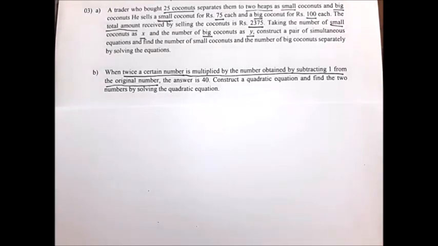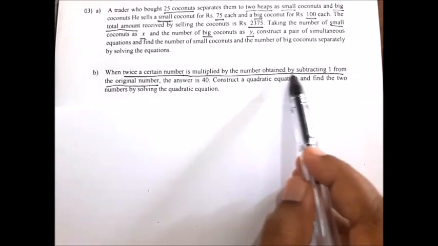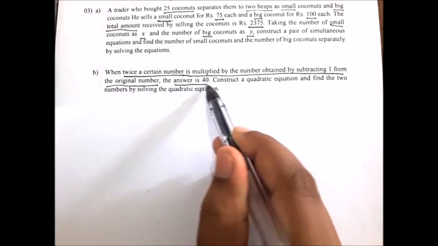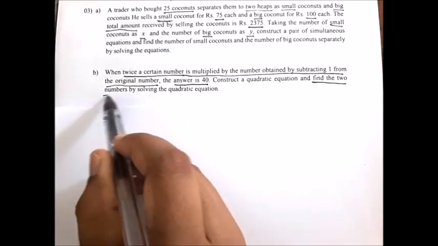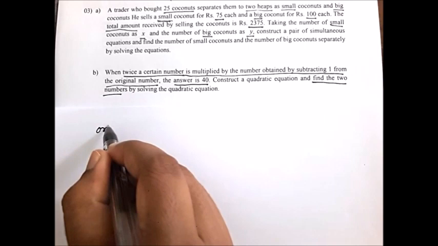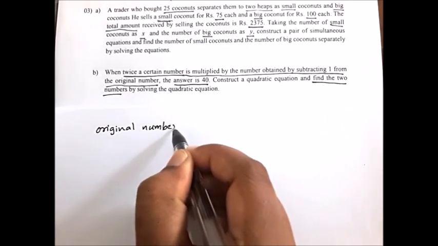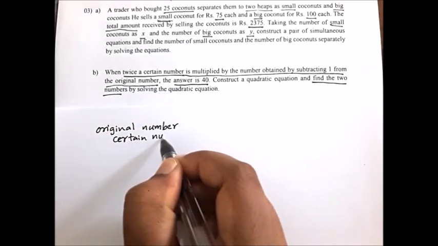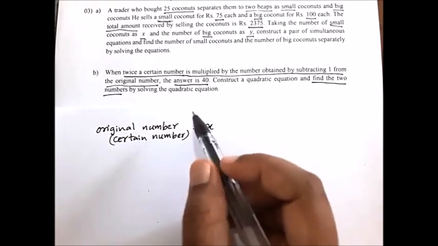Now look at part B. Twice a certain number is multiplied by the number obtained by subtracting 1 from the original number. The answer is 40. Construct a quadratic equation and find the two numbers by solving the quadratic equation. I am going to take the original number or certain number, same meaning, as x.